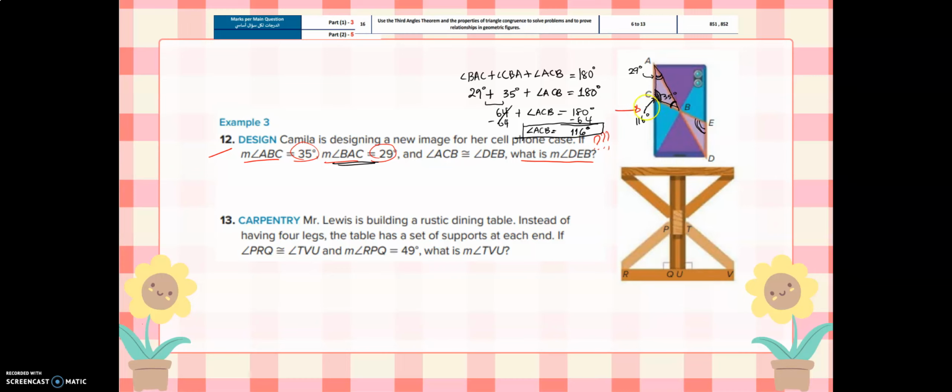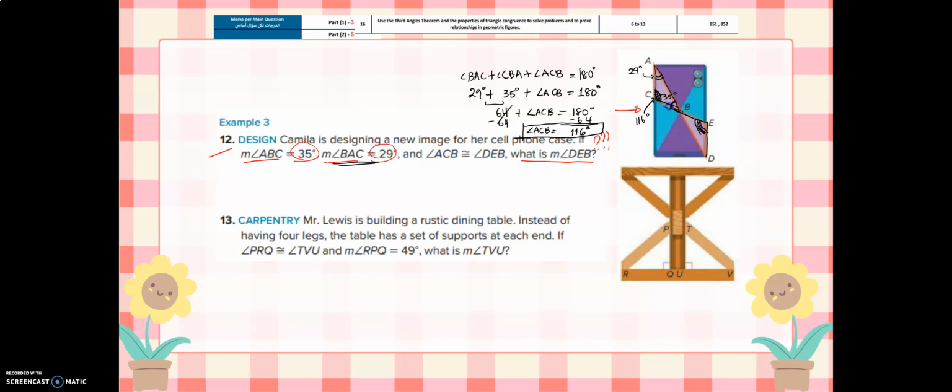Now, this leads us to finding the measure of angle DEB. So this is DEB. Now let us look at the relationship of angle ACB and angle DEB. So as we can see here, they are alternate interior angles.